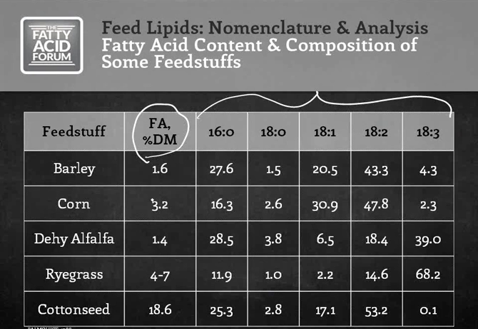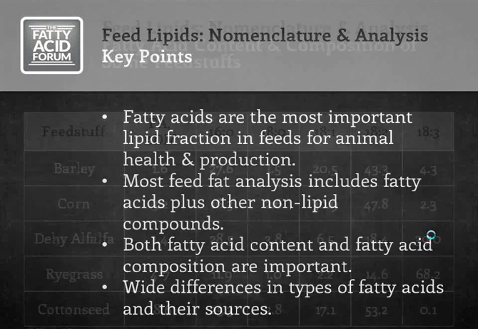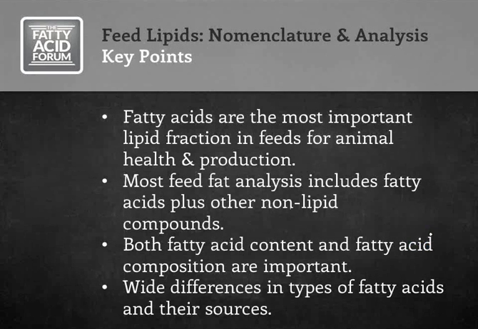This is the fatty acid composition, the relative proportions of the individual fatty acids. So alfalfa is lower in fatty acid content and lower in linoleic acid, the 18:2, but higher in linolenic acid, the 18:3.